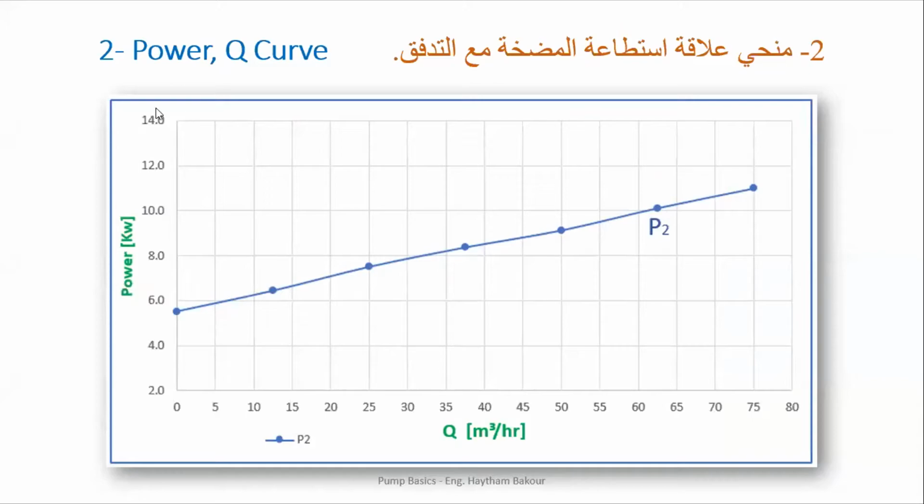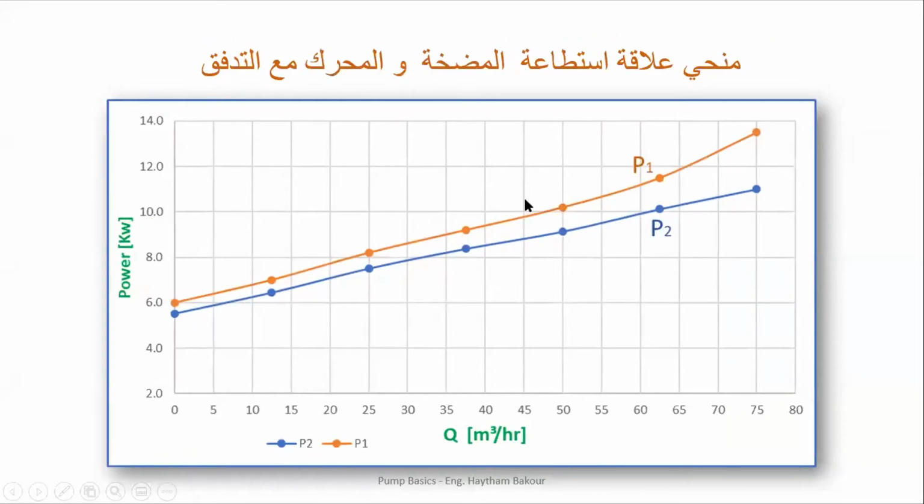The other curve is the relation between the pump power and the flow rate, which is the power Q curve, and it is an almost linear relation. As the flow rate increases, we can have a different measurement of the power in kW.